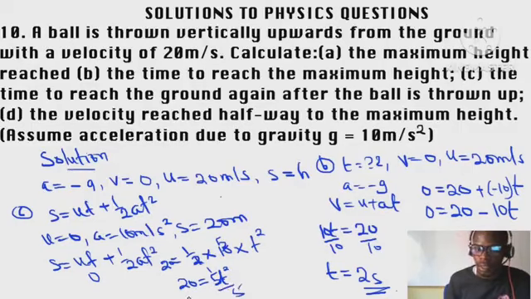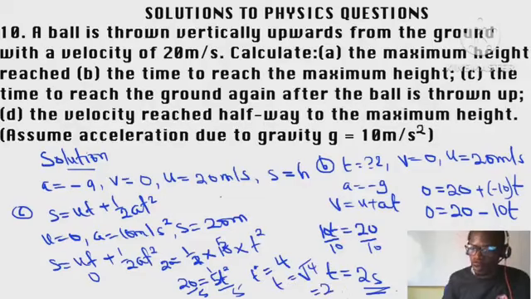Divide by 5, and this also by 5. So our t square is equal to 4. Then t is equal to the square root of 4, and that also gives us 2 seconds. You can see the way we have worked that out. So for C, the time taken to return back to the ground is 2 seconds, just like we have it. Then the next thing we want to look at is the D part.